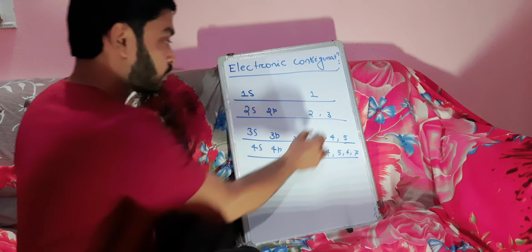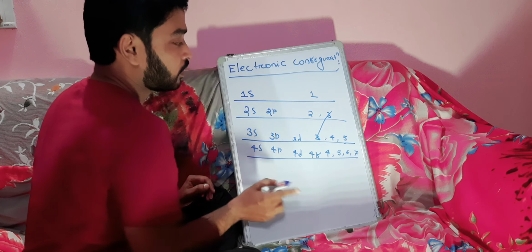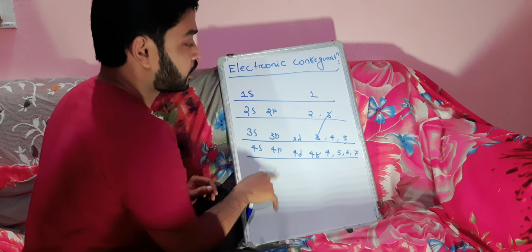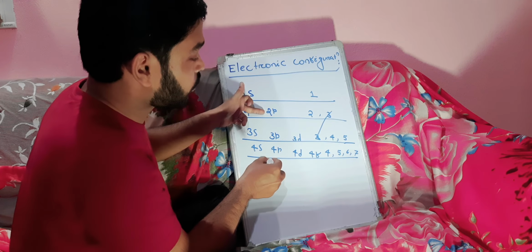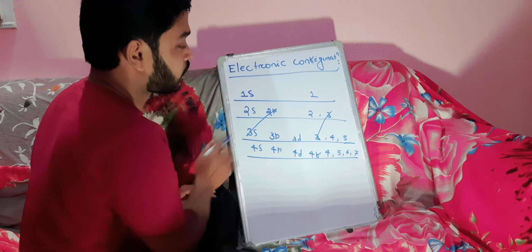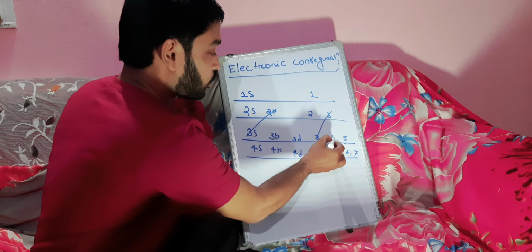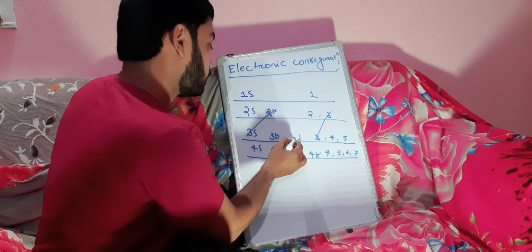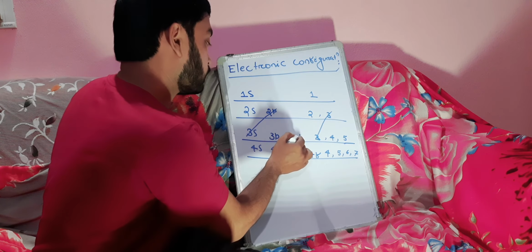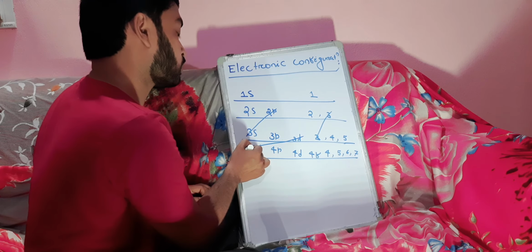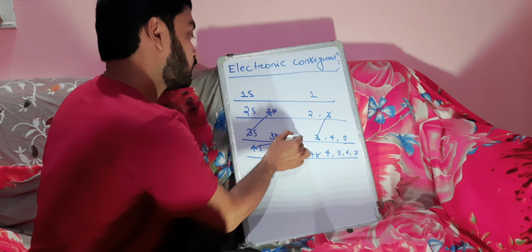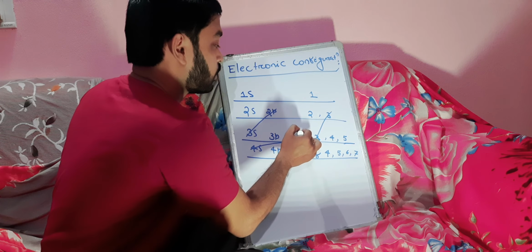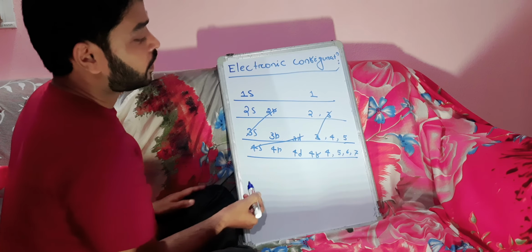So you can see the energy is equalizing. The energy of different orbitals gets similar. I have told the concept that if the energy gets similar, then the orbital with lower n value comes first and then the higher n value. The 3d has the n value 3 and the energy is 5.